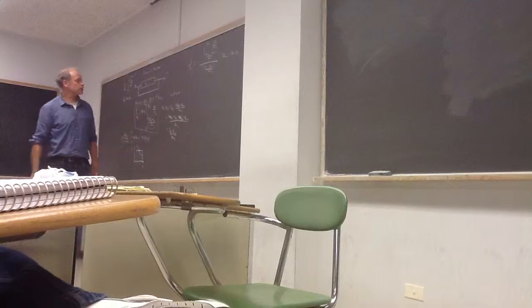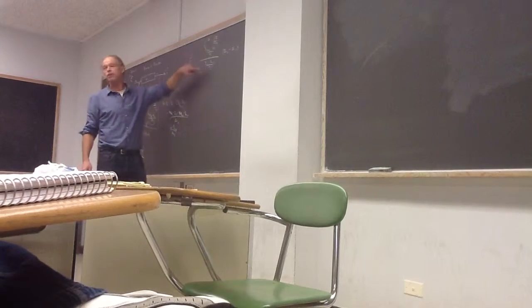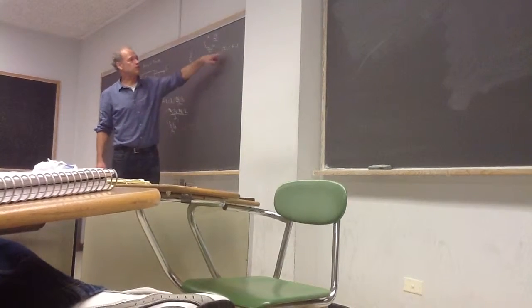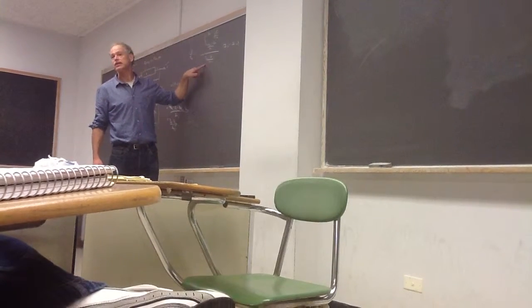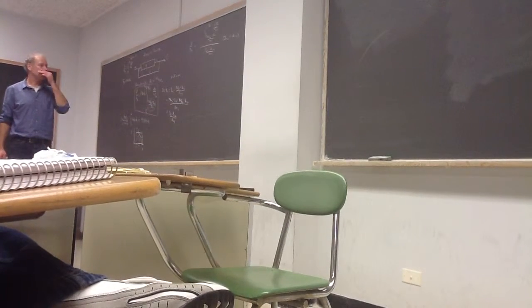This is all review, so you don't have to copy it. What I did is I put the R plus 1 from the numerator in the denominator of the denominator, and I multiplied and divided by xf minus xn. Now I did this so you would see what's going on here.